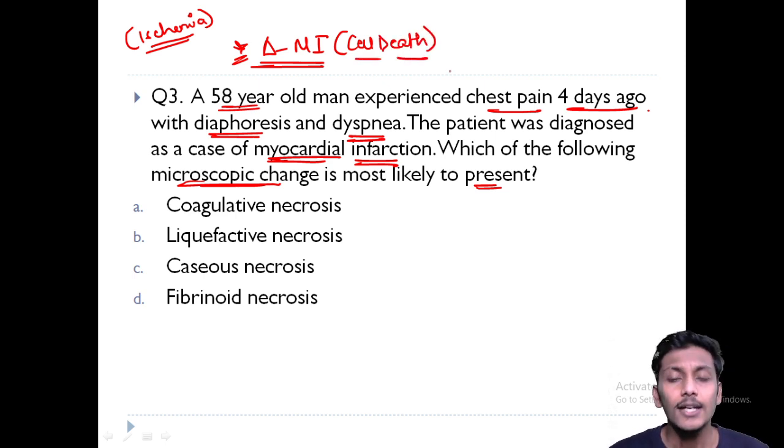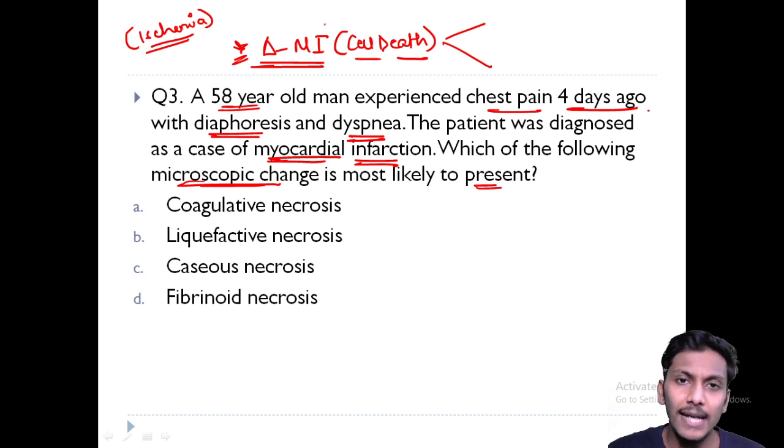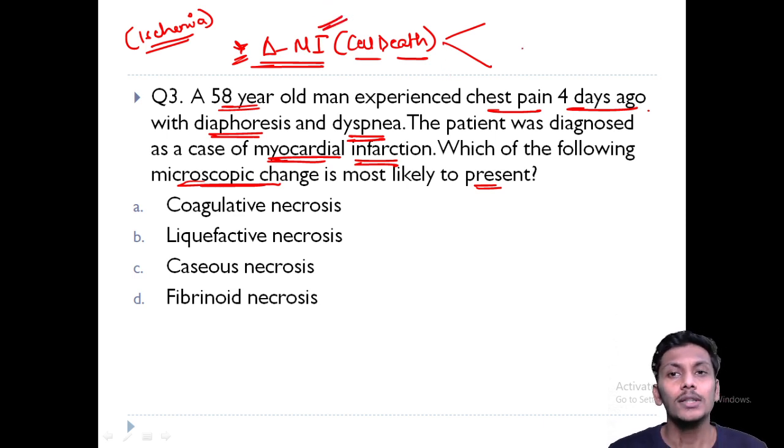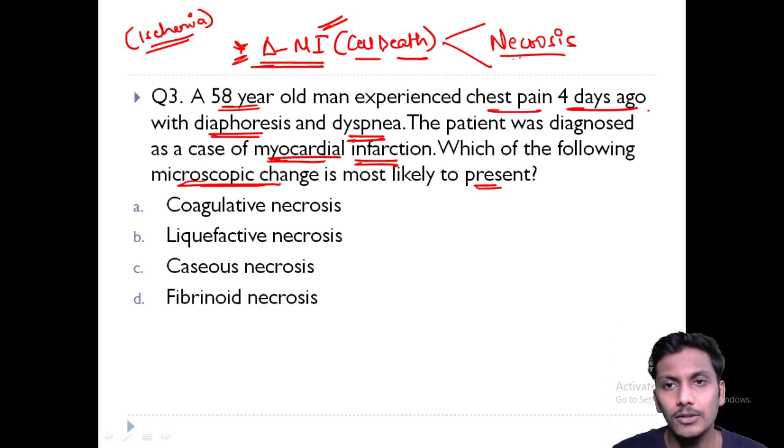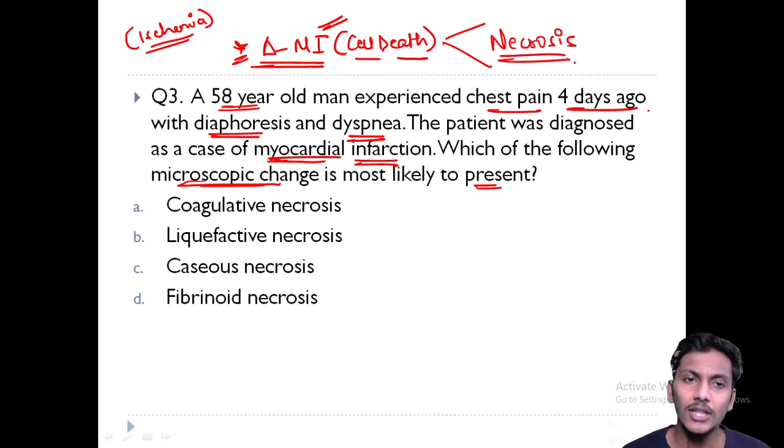This cell death usually occurs mainly by 2 mechanisms, as we have already discussed, either by necrosis or by apoptosis. But please remember, guys, in cases of infarction, due to decreased blood supply due to ischemia, the cell death always occurs by the process of necrosis.